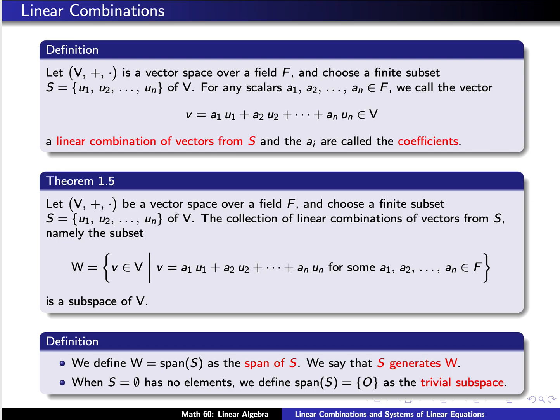Recall that S is given, and then we can express this W in terms of S. We will say that W is the span of S, or equivalently that S generates W. In the special case where S is the empty set, that is, S has no elements, we simply define the span of S as the trivial subspace. That is, the span of S is, by definition, the singleton set that consists of just the 0 element.